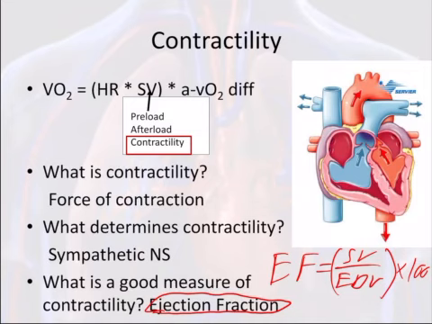So normal ejection fractions are around 60% at rest, and these can go up as we move into exercise. And all right, so that's kind of the basics of contractility.